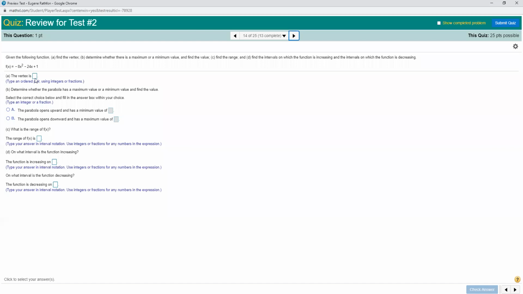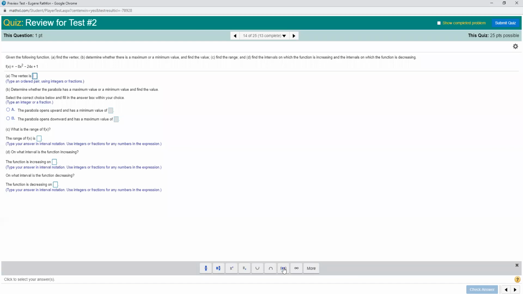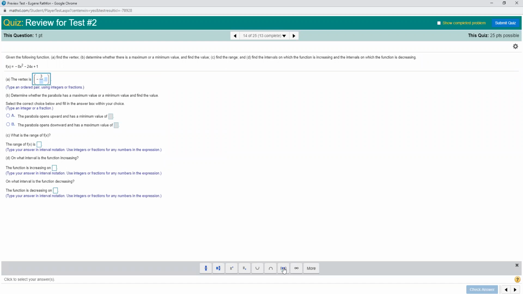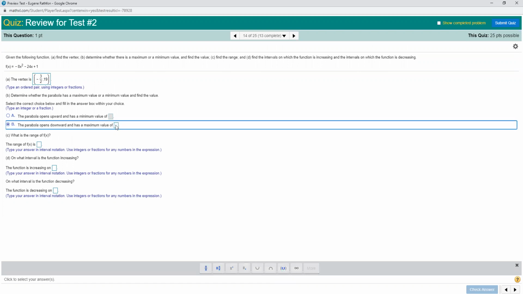Okay, so I'll start with my vertex, use my parentheses. That would be -3/2, and then we got 19. We said it had a maximum, and the maximum value was the 19 we got.